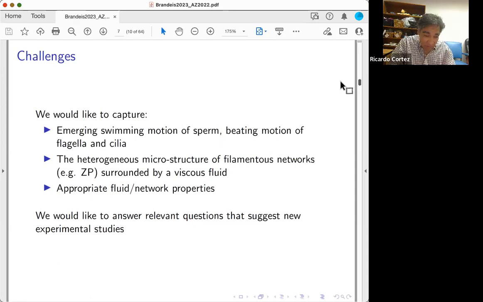This is not always possible, or sometimes an initial step in the simulations would be to just prescribe a motion. But what we would like in the end, if possible, is to have the motion be an emergent part of the model.